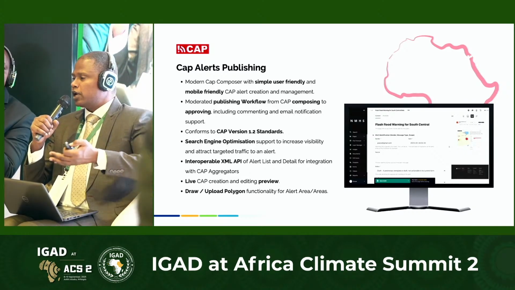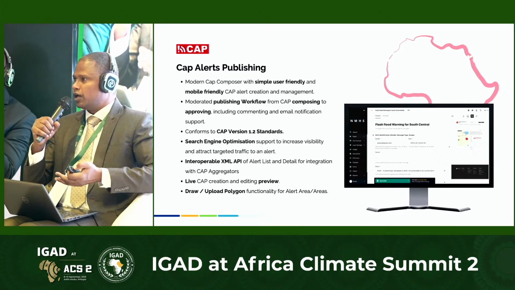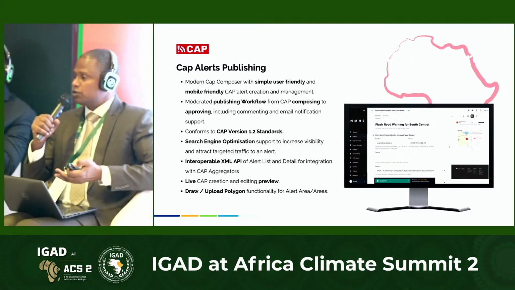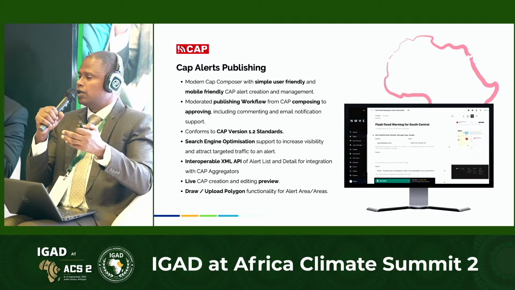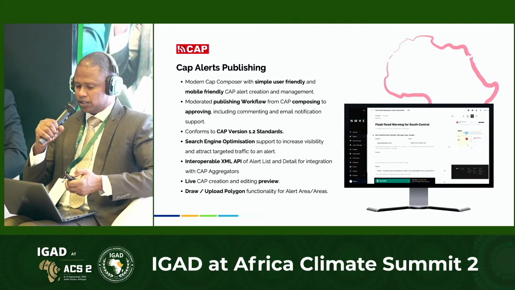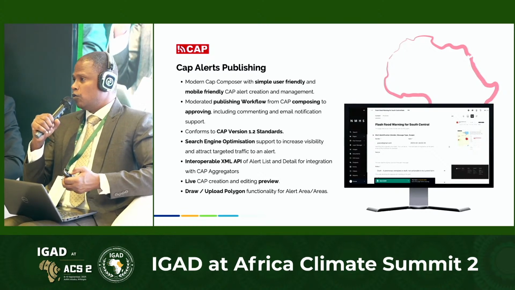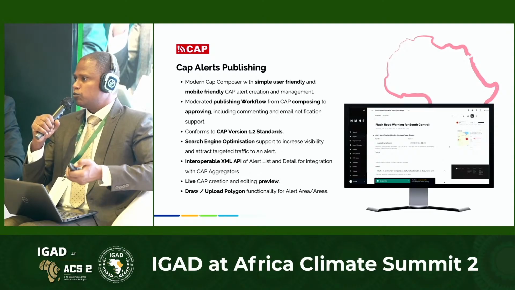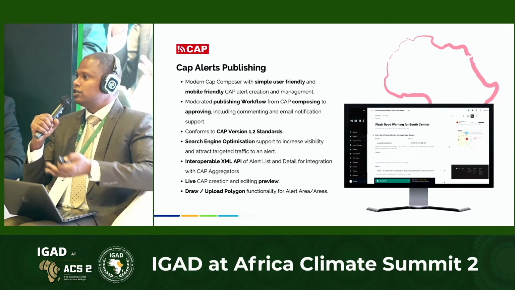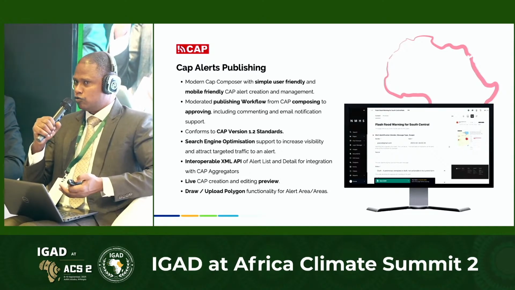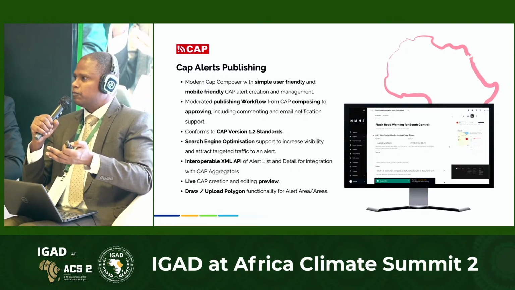It enables a range of options for the expert to define the area that is expected to be impacted by the event, whether by polygon, where they can upload polygons or predefined administrative areas, or even define a circle. And this is directly related to the type of air pollution hazard.